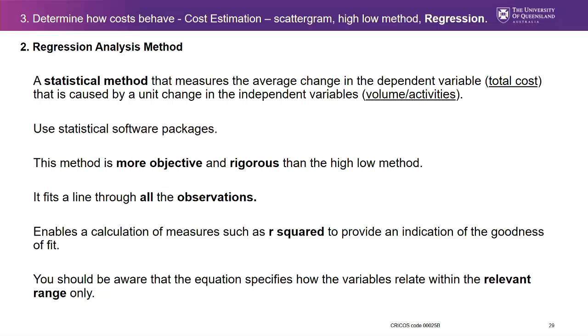It's more objective and rigorous, and you can get an R-squared value that gives you an indication of how well your estimated cost function fits your data. You don't have that with the high-low method, you just know that you're only using 2 data points. And we all know that only holds for the relevant range within which you've got the data.